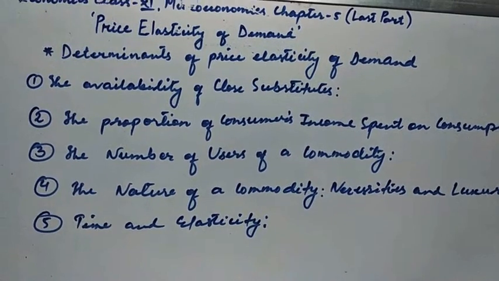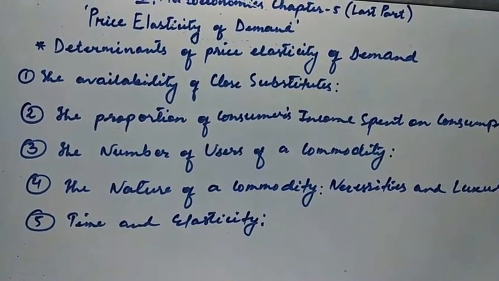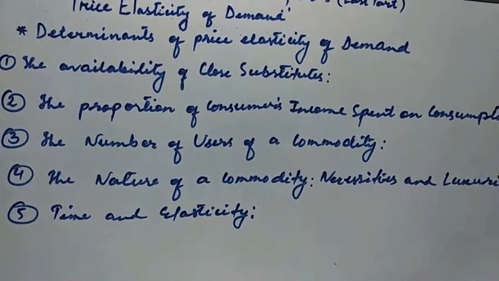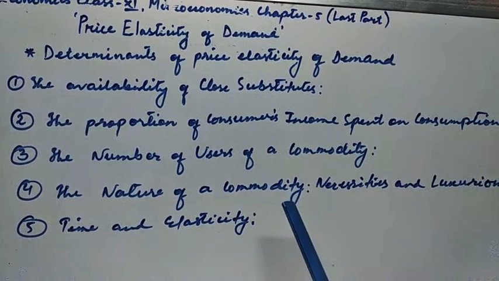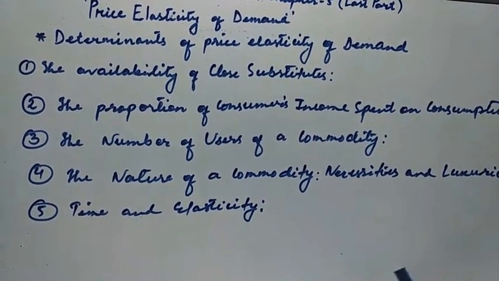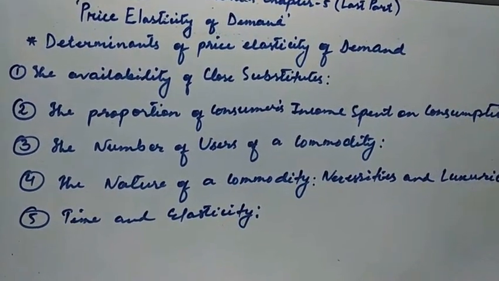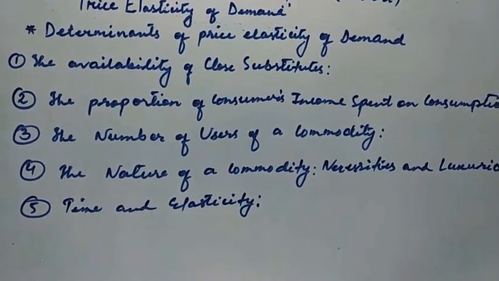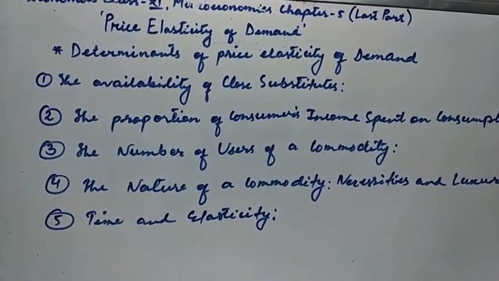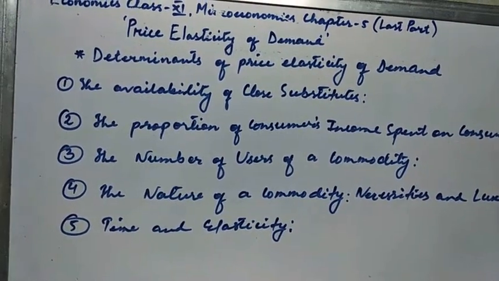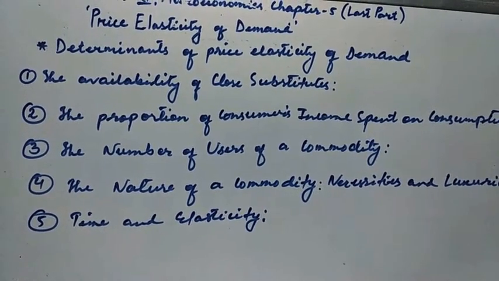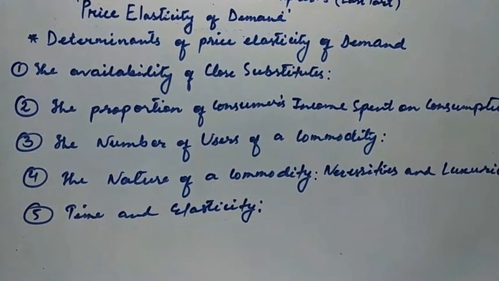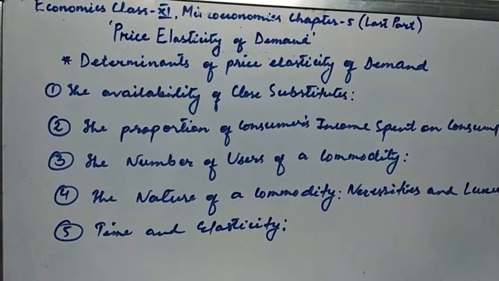What is it? Close substitutes and price elasticity. If for a particular commodity close substitutes are available, its demand tends to be elastic. And opposite to that, if there are goods that have no close substitutes, then the price elasticity for that commodity will be inelastic.